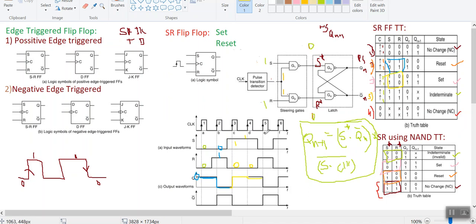And at position E, my S is equal to 0 and R is equal to 1. In the 0 1 condition the reset state occurs, therefore it moves to the reset state. Like this you get your output waveform.